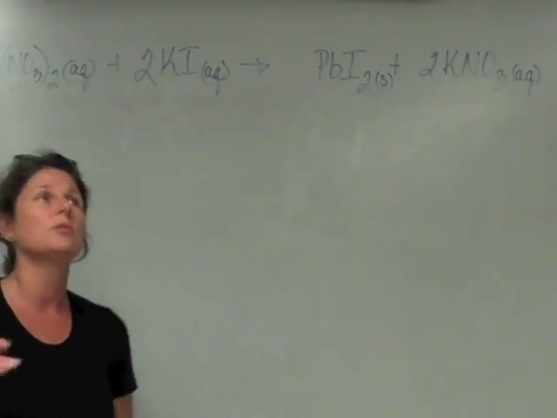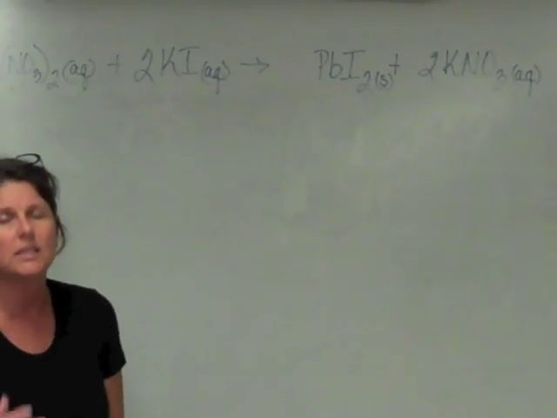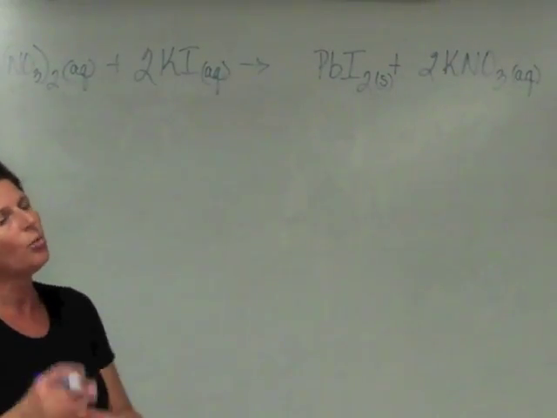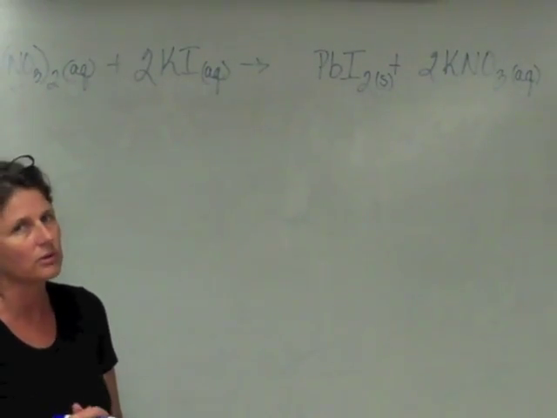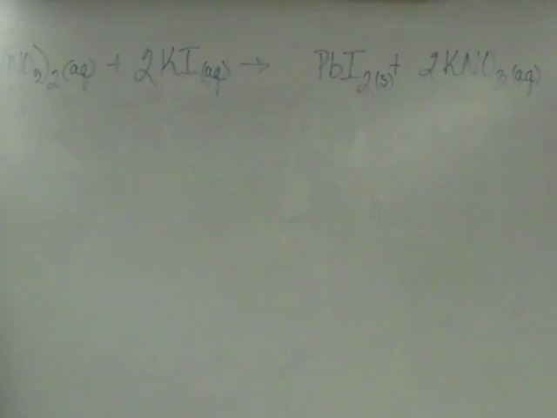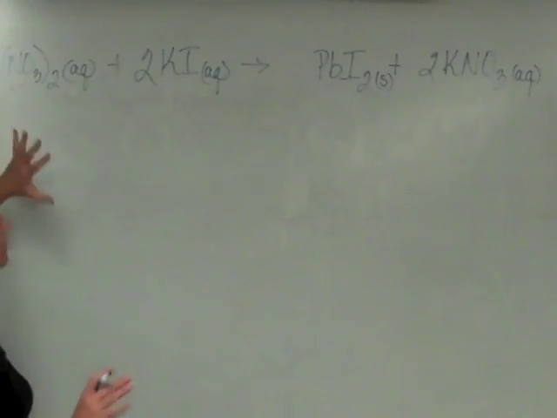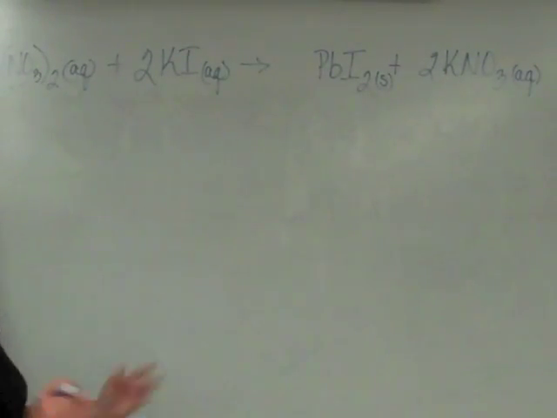So what we're going to do next is write a complete ionic equation, which really shows us at the molecular level what this looks like. Because this is aqueous, we know it is ionized or dissociated, so I'm going to write it like that.